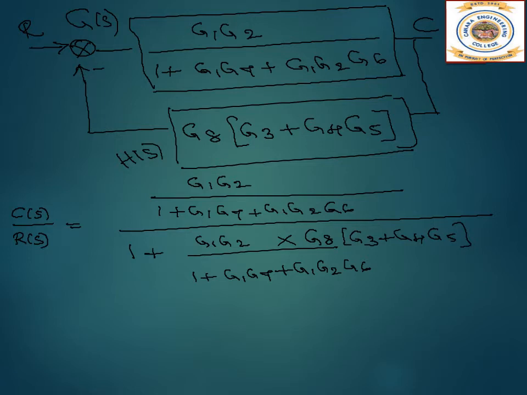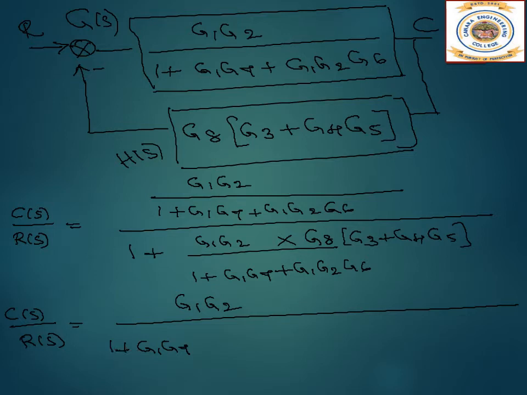So finally again you take common denominator over here, and simplifying, in the numerator we will get only G1 G2, whole divided by 1 plus G1 G7.